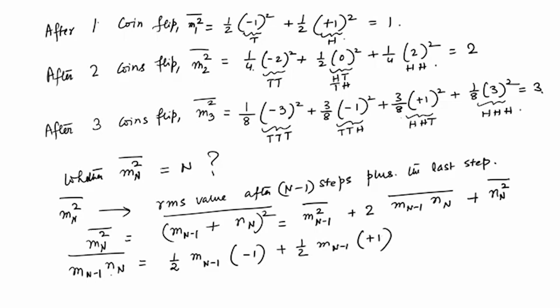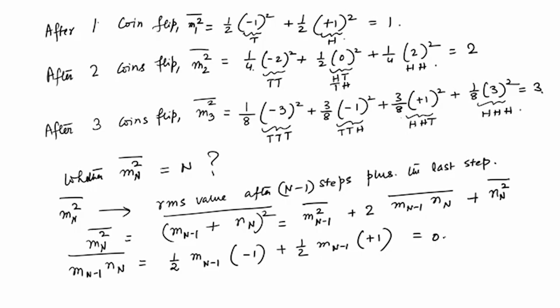Because when you take the average, your nn, that is the last coin tossing, would give you a plus 1 and a minus 1 with weights half and half. Okay. And this is equal to 0.